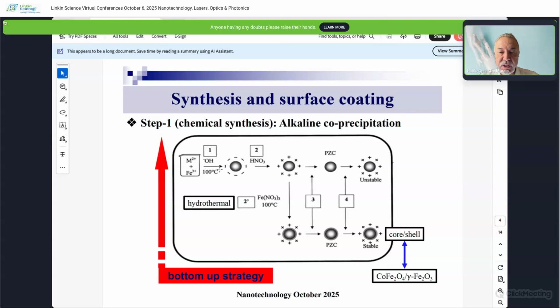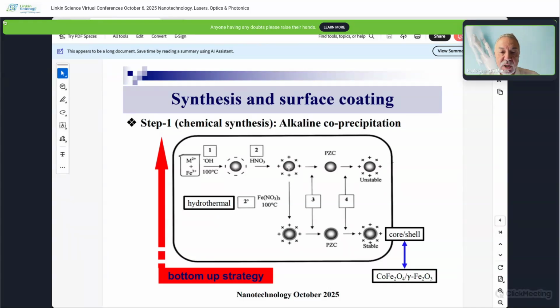And under this very high pH condition, the as-precipitated nanoparticles have a negatively charged surface. And then the second step is to go to the point of zero charge, to a very low pH, by adding nitric acid. So you just end up with magnetic nanoparticles, positively charged.